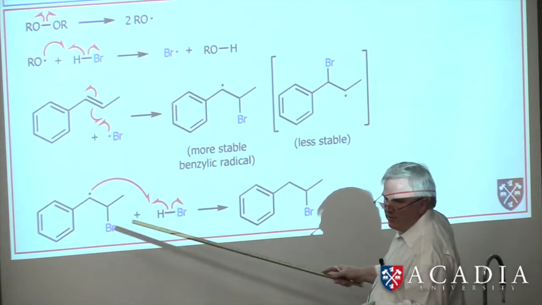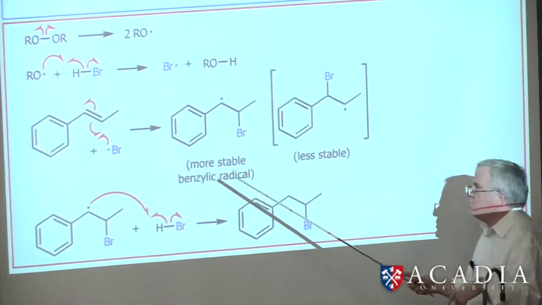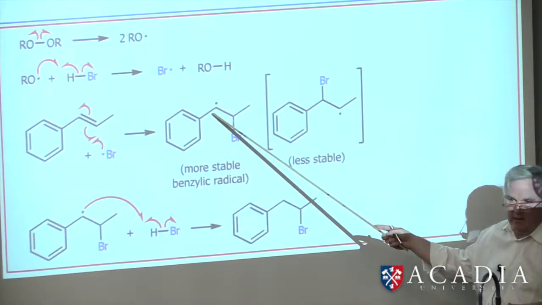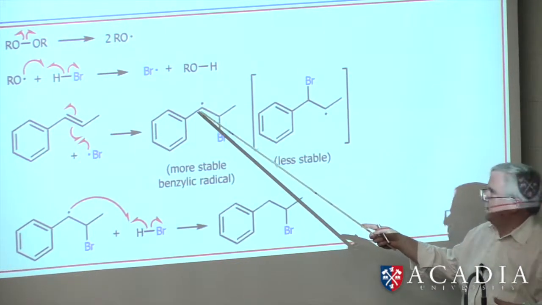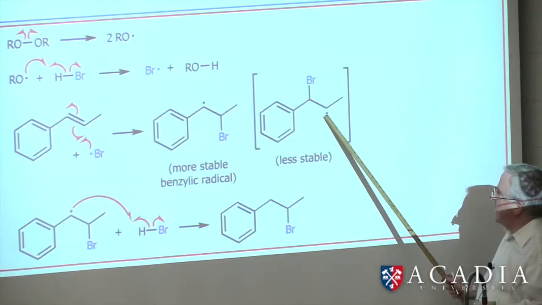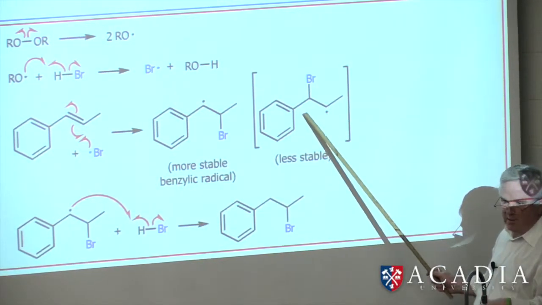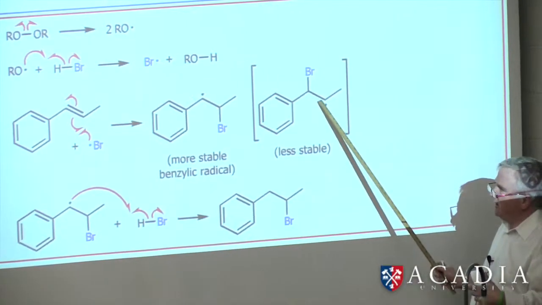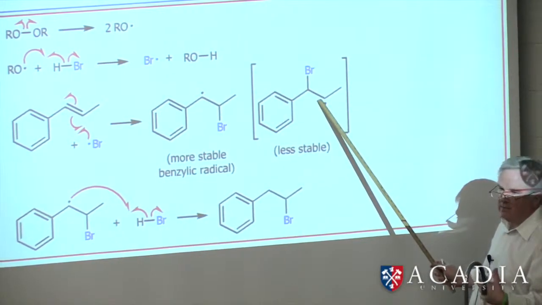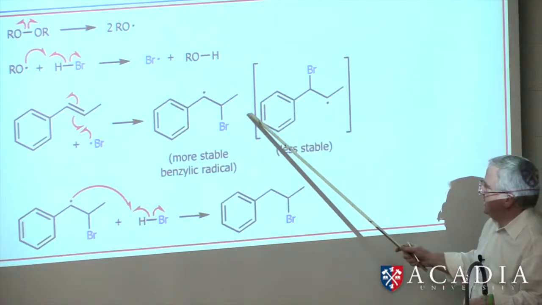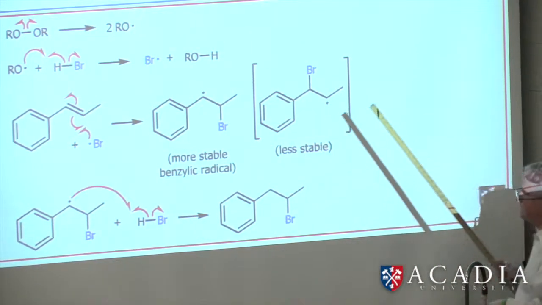Okay? So this is a free radical chain reaction, and it goes this way because of the stability of the benzyl radical. This is not a benzyl radical. It's a secondary radical, and it's much less stable than the benzylic radical. So this addition does not occur when we get the addition of the atomic bromine. It only goes in this position.